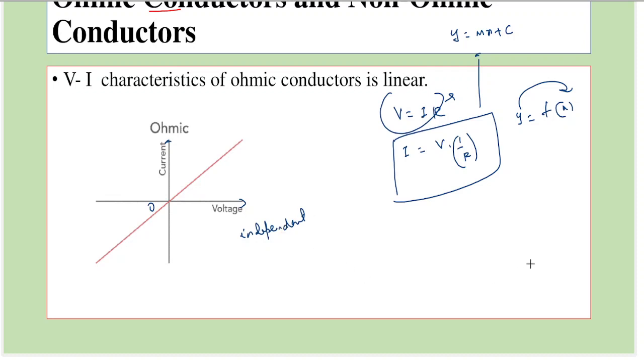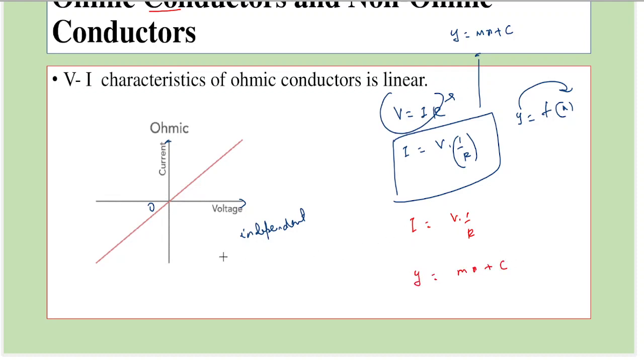From Ohm's law, we know that the current is directly proportional to the voltage drop, which means voltage is the independent variable and current is the dependent variable. For that reason, we write this as I is equal to V into 1 by R. As seen earlier, this is the form y is equal to mx plus c.